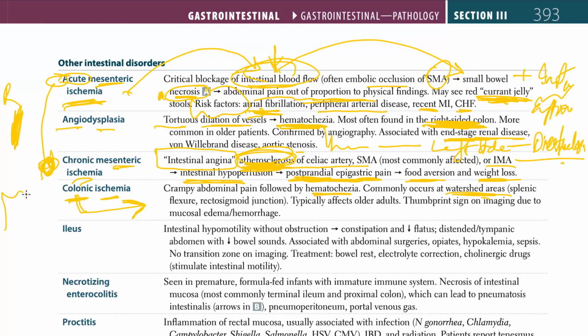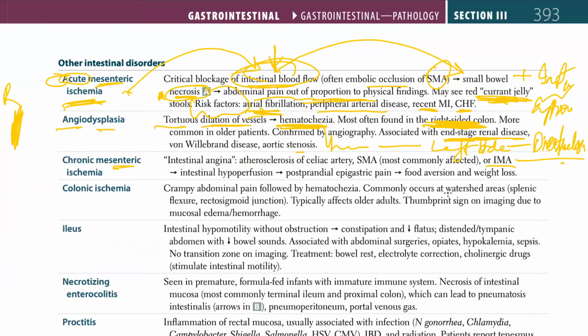One is the splenic flexure, and secondly, the rectosigmoid junction. Typically affects older adults. Thumbprint sign on imaging due to mucosal edema or hemorrhage. Okay, that's colonic ischemia.